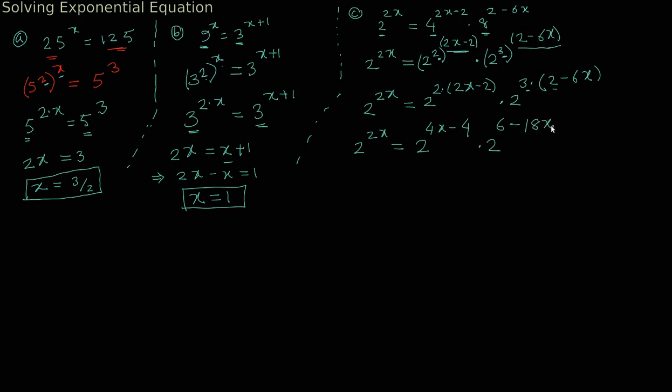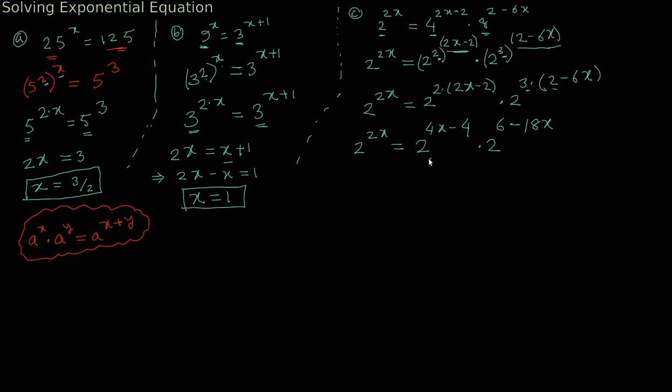All right, so I just want you to remember one little formula. Let's say if I have a power x multiplied by a power y, essentially I can write a power x plus y. So I hope you remember this formula.